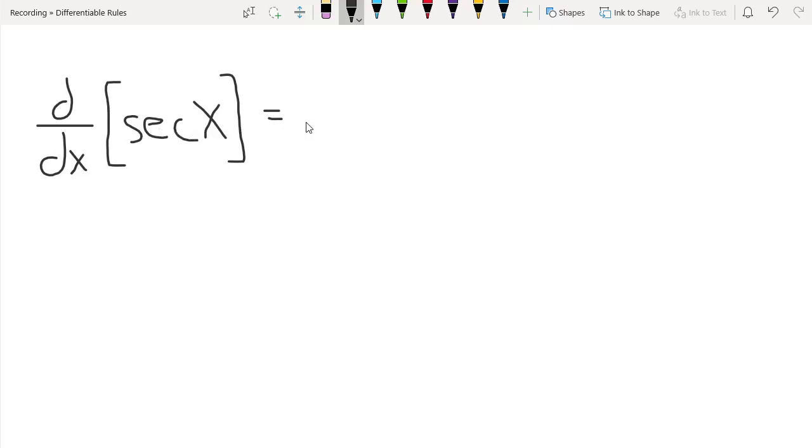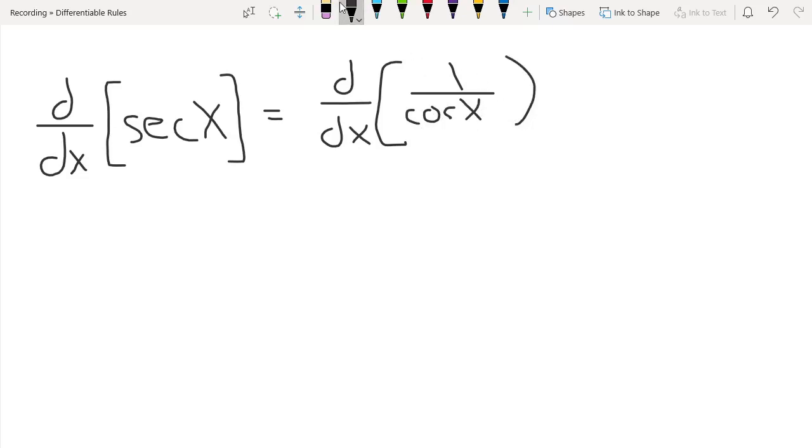So if we were to find the derivative of secant of x, we could rewrite secant of x as d over dx of, and then secant of x is the same thing as 1 over cosine of x. Okay, so pause the video here, take a minute or two to try to figure out the derivative of secant of x, and unpause the video when you're ready for the answer.